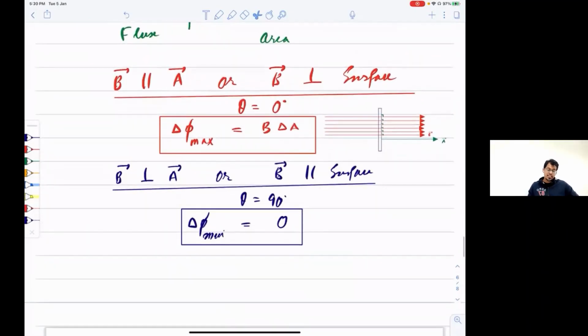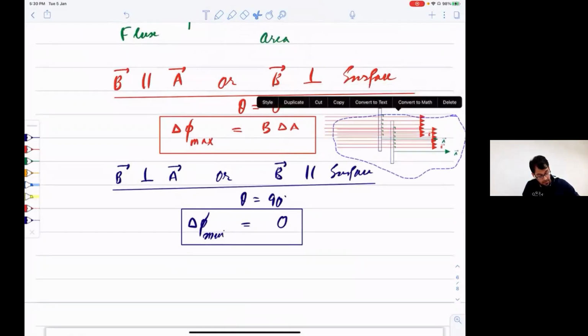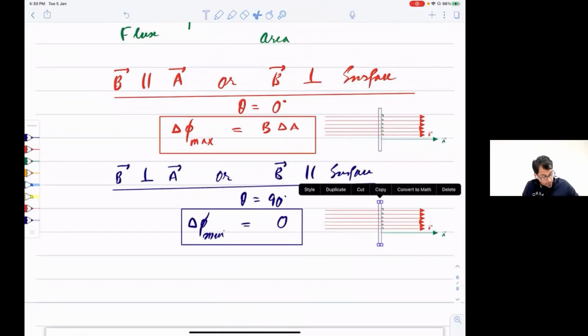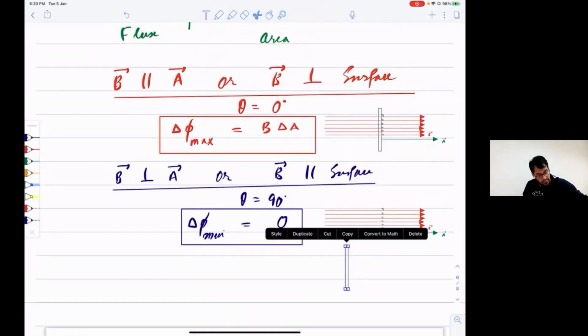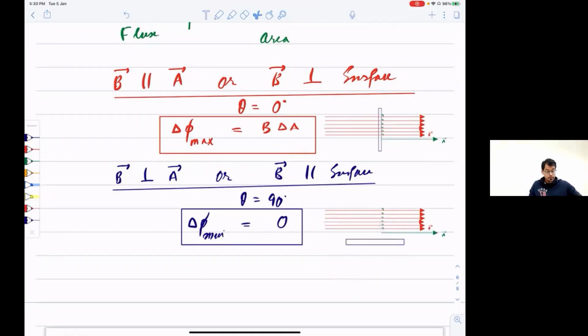Now, in exactly the same case, if I consider the same case here, the only difference is the surface is actually parallel to the line of force. So if you look at it, the area will become like this. Now area is perpendicular to line of force. Do you agree? Because area is always perpendicular to the surface.